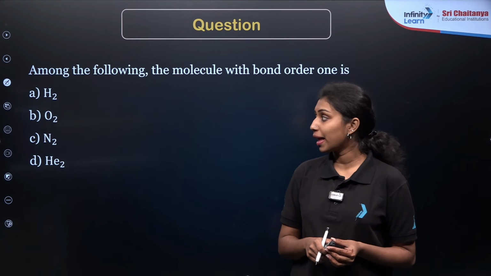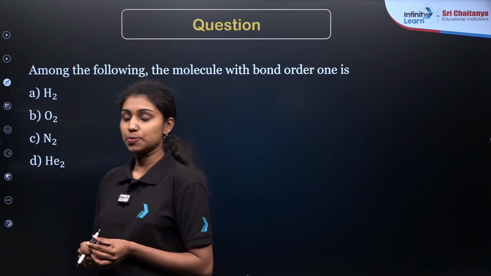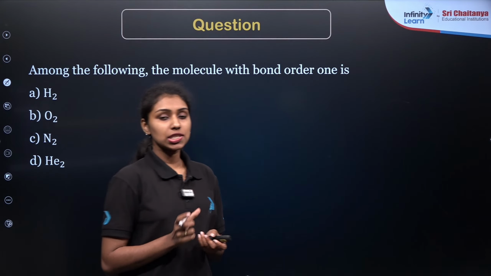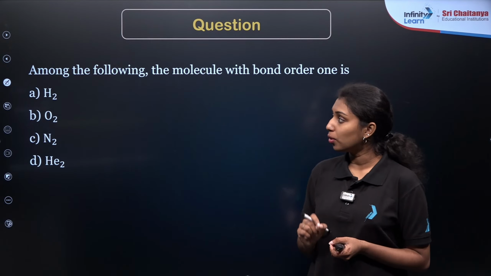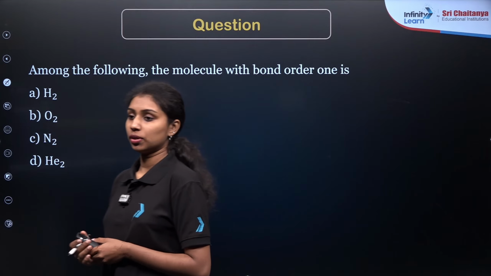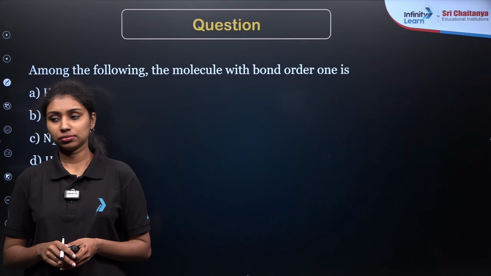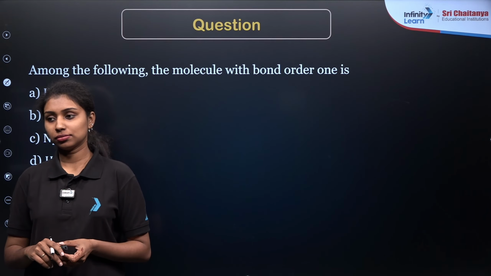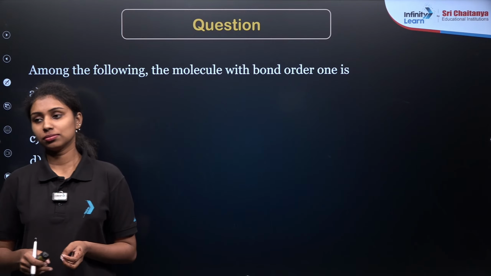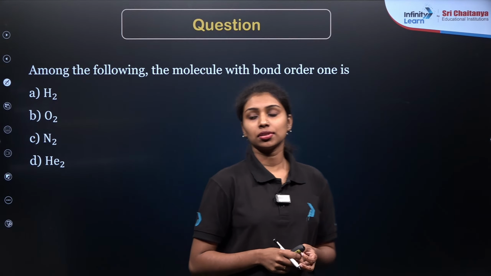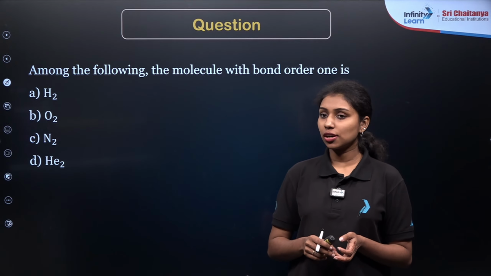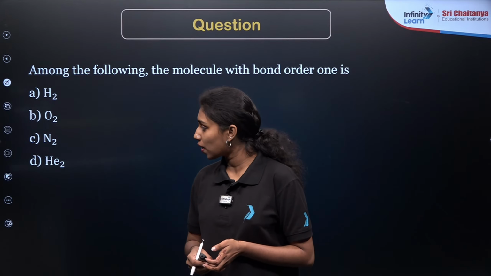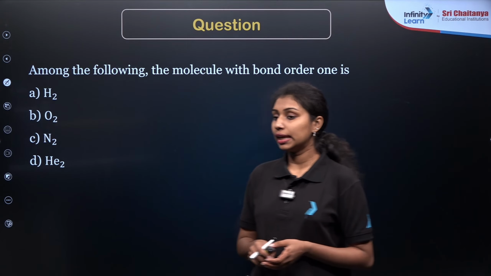Which of the molecules will have bond order equal to 1, which means that between these two atoms, the number of bonds is equal to 1. What will be the answer? Options are already given here: hydrogen molecule, oxygen molecule, nitrogen molecule and helium molecule.